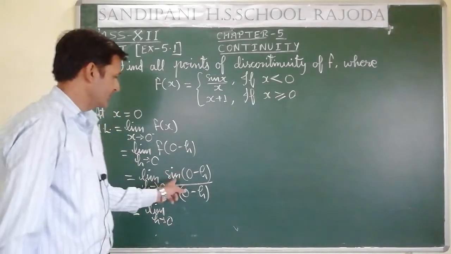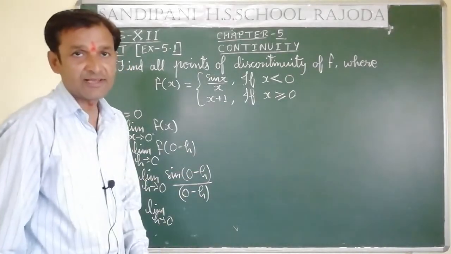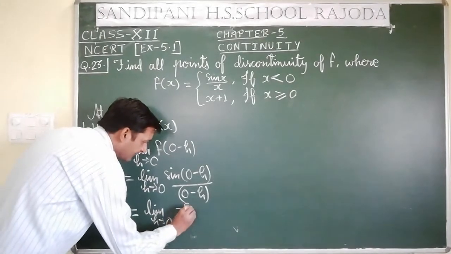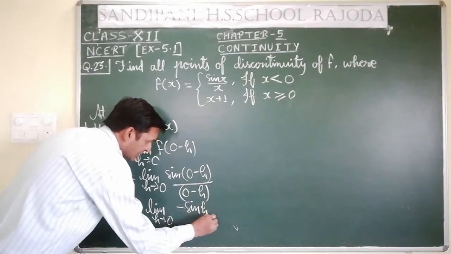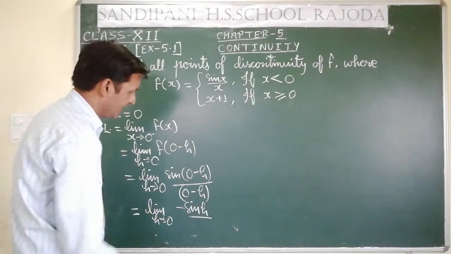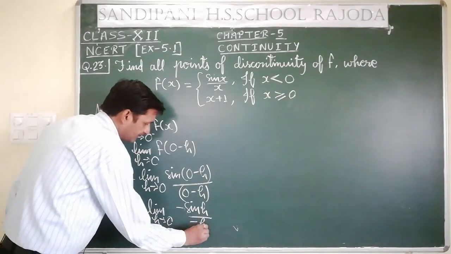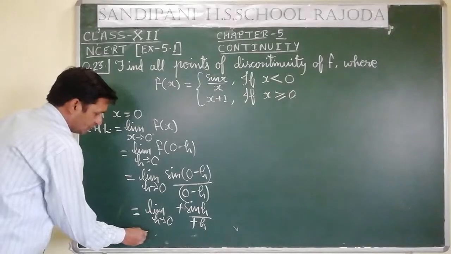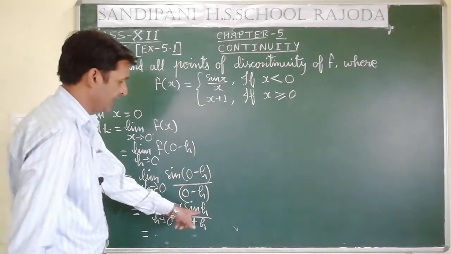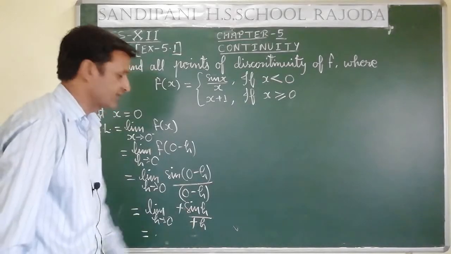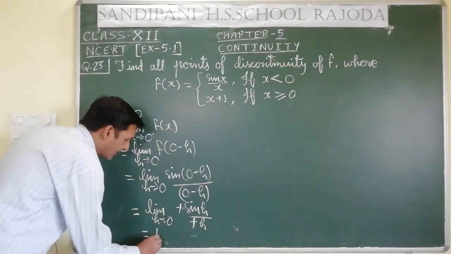0 minus h means sin minus h, sin minus theta is minus sin theta, so this will become minus sin theta or minus sin h, we can say, because here it is in place of theta h is there and here also it is minus h. So this minus is cancelled, and according to that formula related to limit, if h tends to 0, sin h upon h, that will be equal to 1.